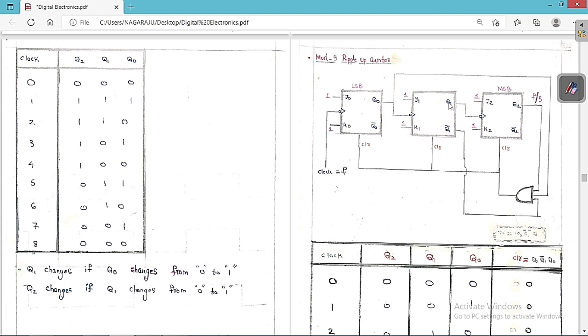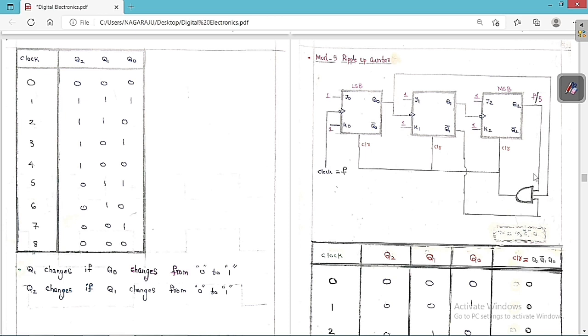So for that we have to use an AND gate. 1, 0, 1 means Q2 should be equal to 1, Q1 should be equal to 0, and Q0 equal to 1. Since Q1 is 0, we take Q1 bar from here, and this is Q0.